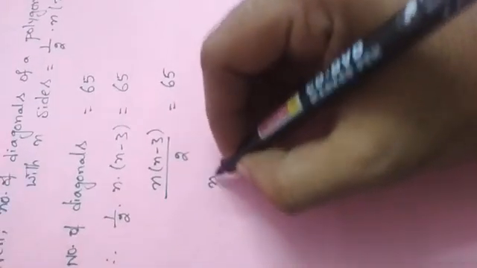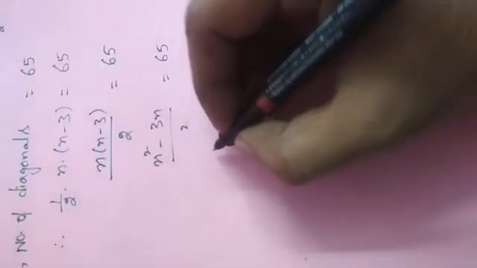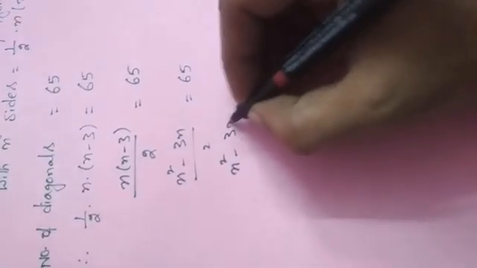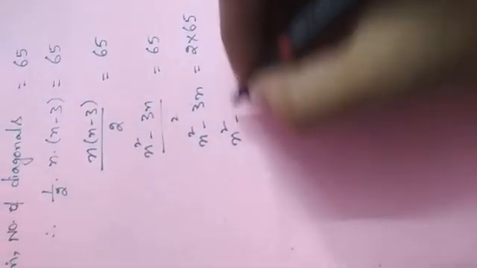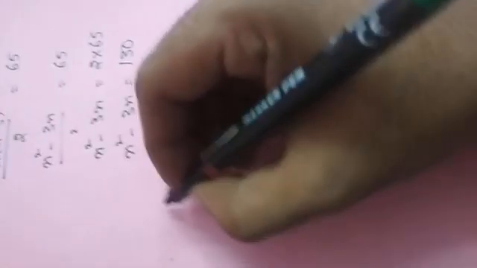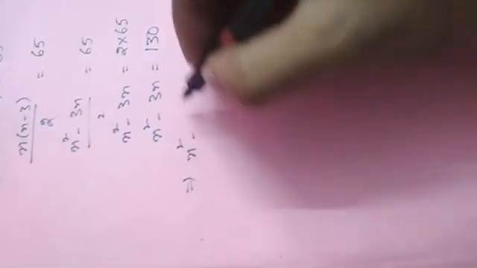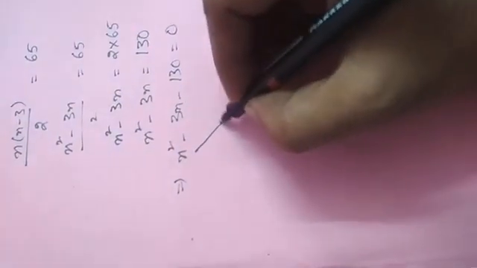Multiply here: (n² − 3n)/2 is equal to 65. n² − 3n is equal to 2 × 65, so n² − 3n is equal to 130. That implies n² − 3n − 130 is equal to 0.